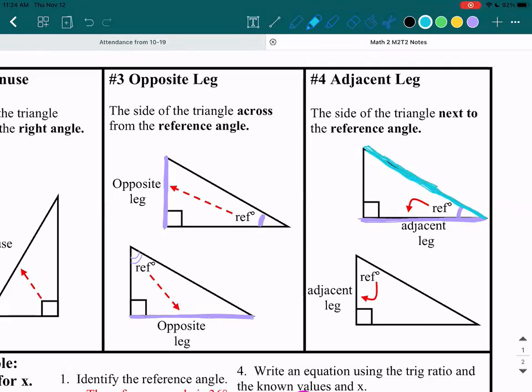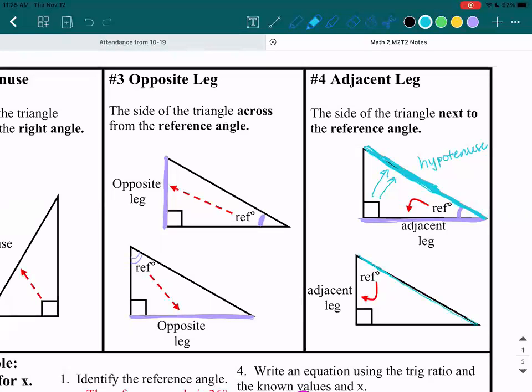Well, this blue side is directly across from the right angle. This one's the hypotenuse. The hypotenuse cannot be your adjacent. The hypotenuse will always be directly across from that right angle. So the hypotenuse of the triangle doesn't change no matter what. Remember we said that? The hypotenuse will stay the same always in the triangle. Same thing for this bottom example. This is already the hypotenuse.